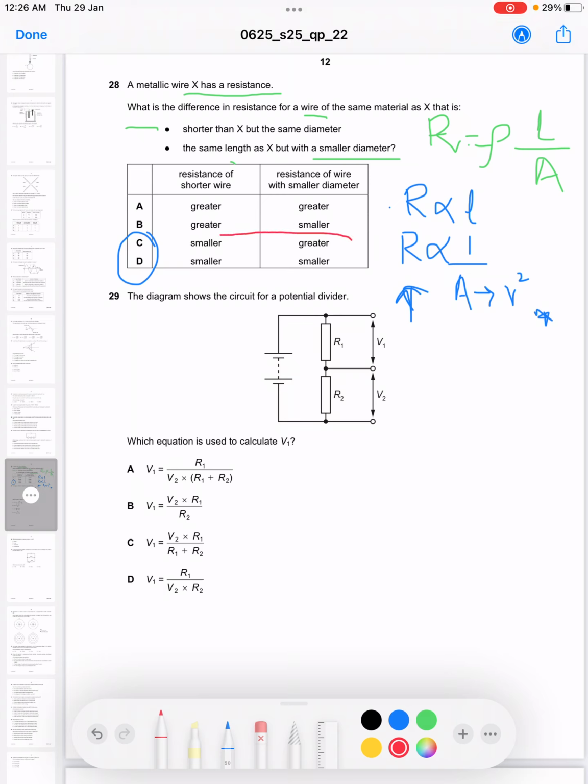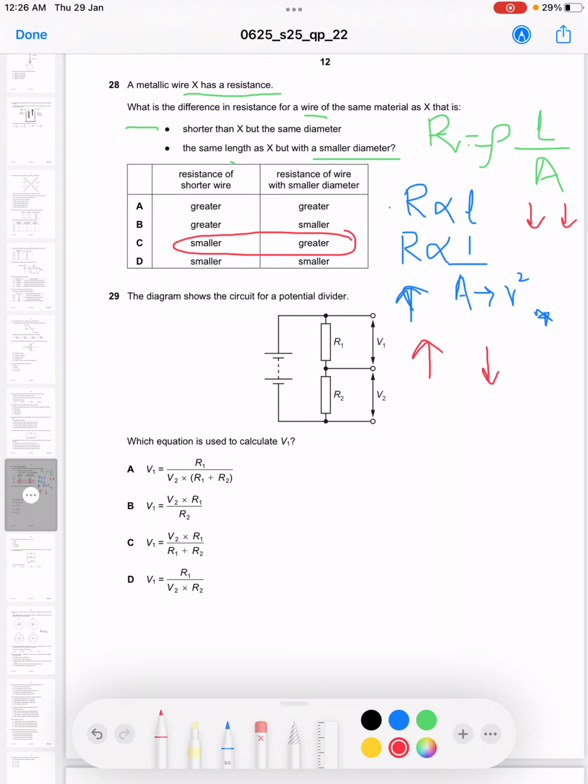Option C. Radius decreases, resistance increases, and if our length decreases, resistance also decreases. So option C is the right option.